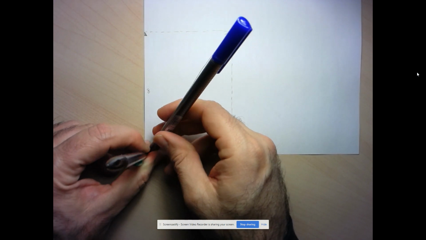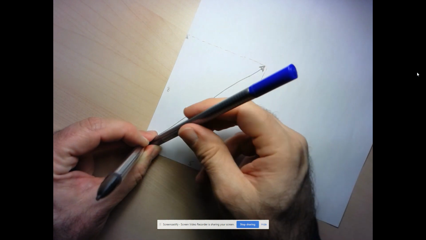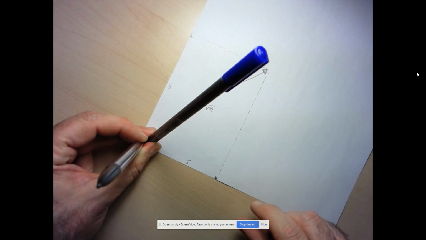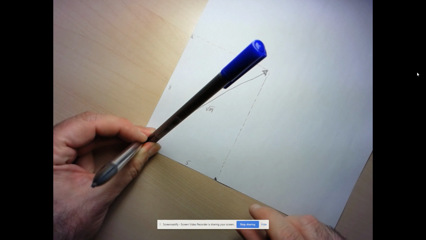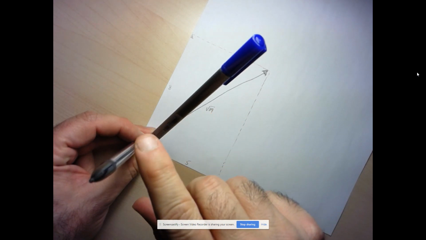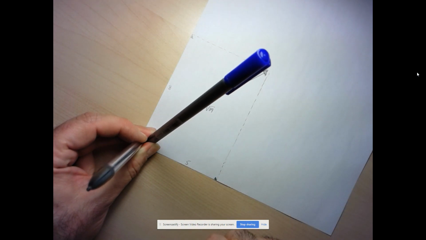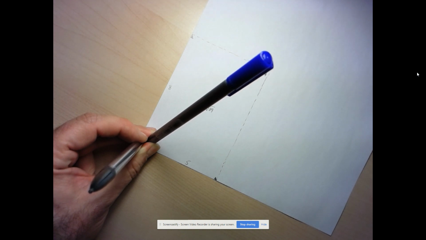Now, this is where I want to, if I can hold these two together, try to demonstrate how I'm going to find the angle from the resultant vector to each of these three vectors, and then from there I'll be able to find the value of the angle to the equilibrant vector.